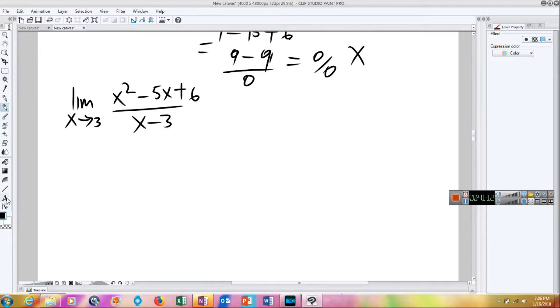Because of the AC rule, we have to find a set of numbers that multiplies to get 6 but adds to get negative 5. Pay attention to the negative.